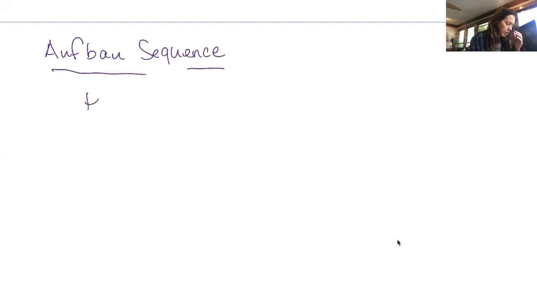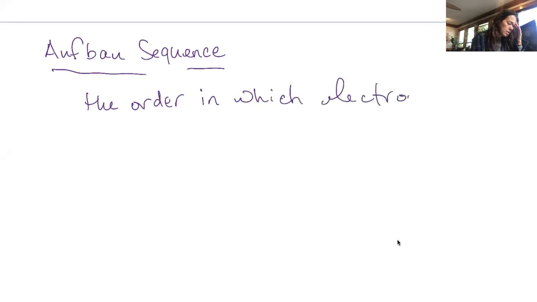There we go. So we have been learning about the Aufbau sequence, which, if you recall, told us the order in which electrons fill orbitals. We used the sequence to write electron configurations.